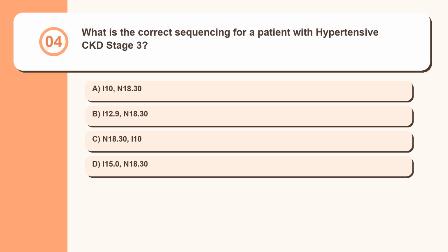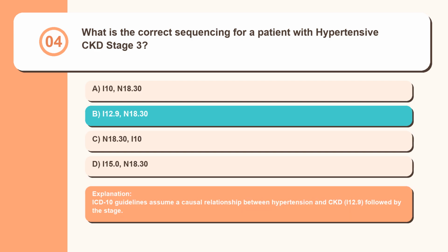Question 4. What is the correct sequencing for a patient with hypertensive CKD stage 3? I10, N18.30; I12.9, N18.30; N18.30, I10; I15.0, N18.30. ICD-10 guidelines assume a causal relationship between hypertension and CKD, so I12.9, followed by the stage.